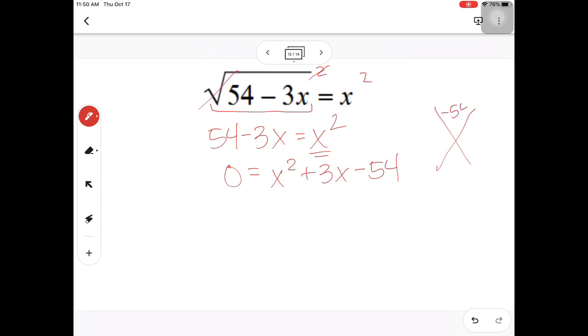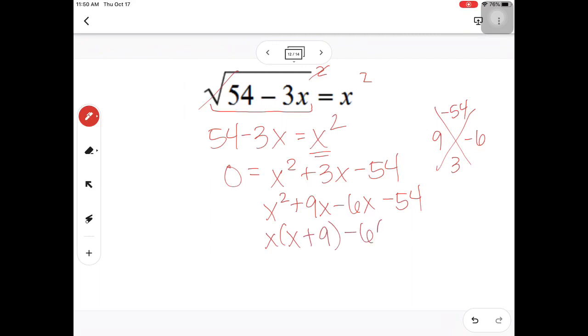And we're going to see if we can find a pair of numbers that multiply to negative 54 and add to 3. So take a second and try to find that. Your answer should be 9 and negative 6. So now we can go ahead and factor. This is now the exact same problem we just did, where we were factoring.